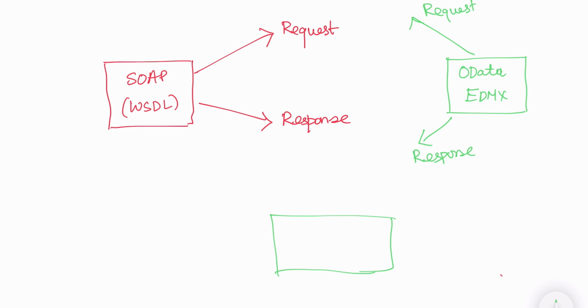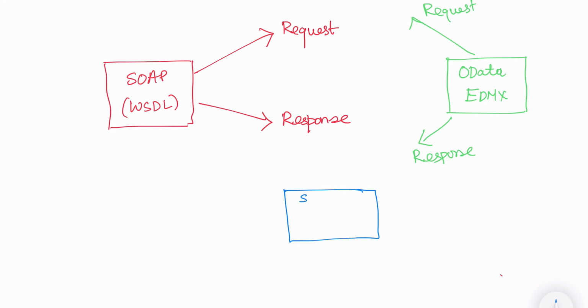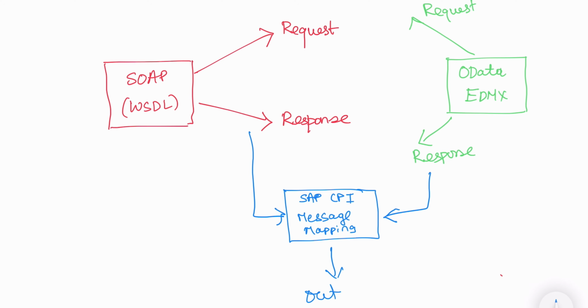In this demo, we'll try to implement a graphical mapping in SAP CPI to map the OData service response message to the SOAP response message. This output is going to be sent to the sender. So this is the mapping that we're trying to implement here. Let's start with the mapping implementation.